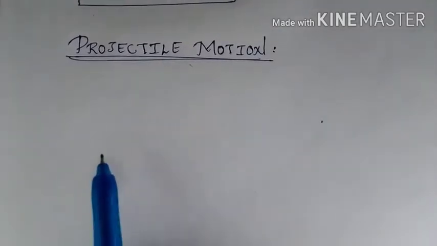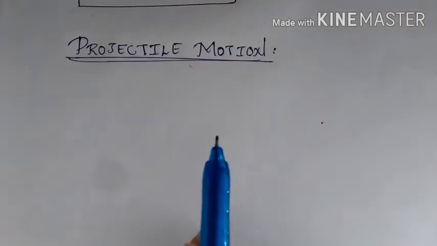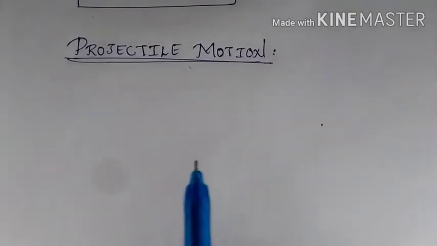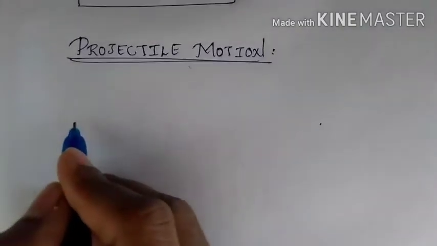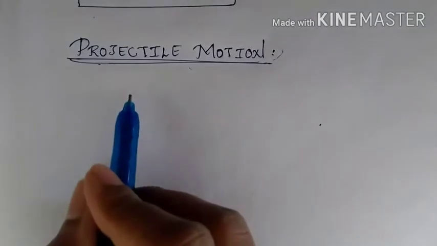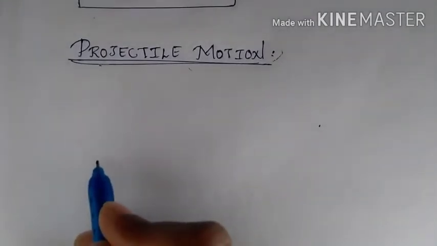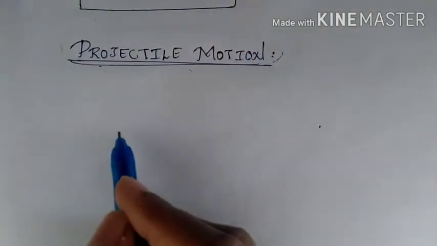Here you are projecting an object with a certain initial velocity that makes an angle theta with the horizontal axis, that is the x-axis. Before jumping into the concept, let us first understand a few basic definitions of this topic.